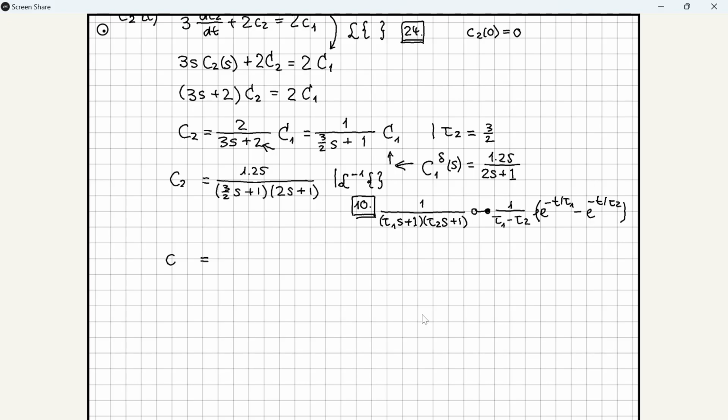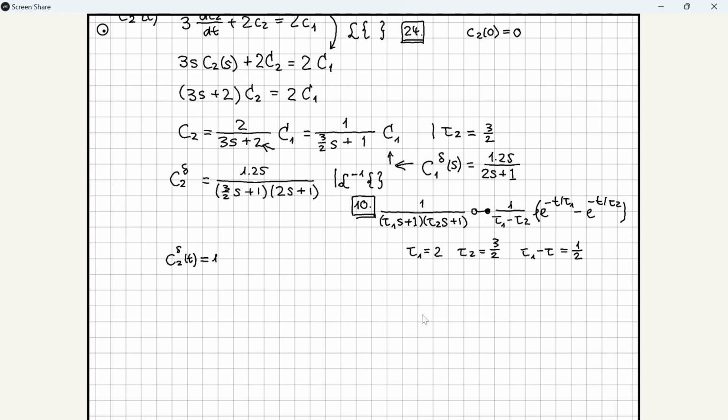this should be C2 delta of t equals to. Now my tau 1 is the larger one, that's 2. And my tau 2 is the smaller one, that is 3/2. So I get tau 1 minus tau 2 is equals to 1/2. So 1 over 1/2 is 2.